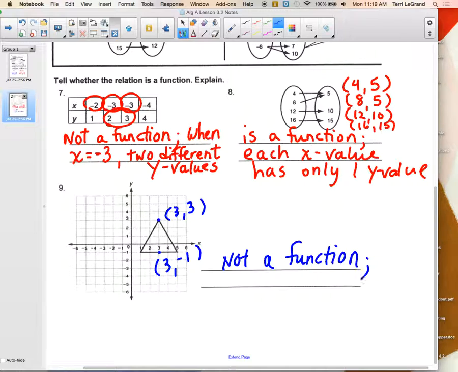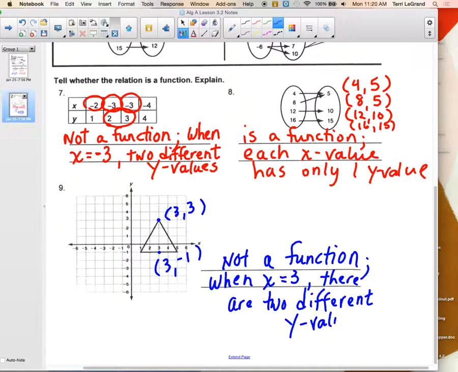And we're going to say when x is equal to 3, we're going to pick out a time that makes it not a function. This is not the only time, but we only need one. When x equals 3, there are 2 different, and that's important to say, 2 different y values. Okay?